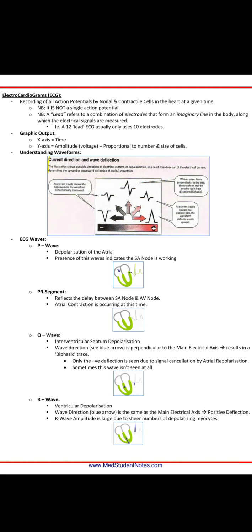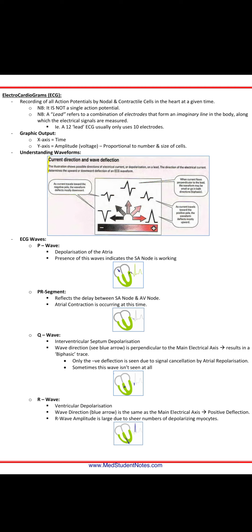Next point: a lead refers to the combination of electrodes that form an imaginary line in the body along which the electrical signals are measured. In ECG they use leads, which means electrodes.